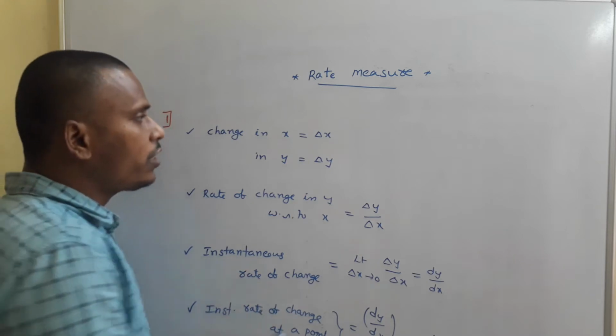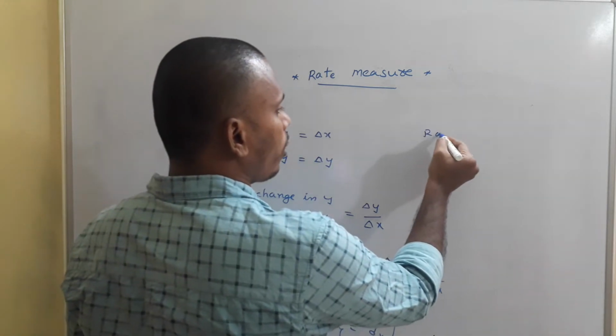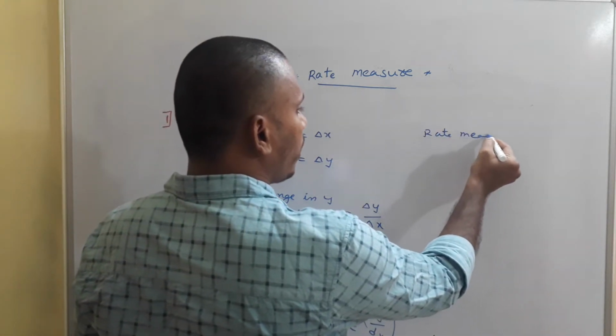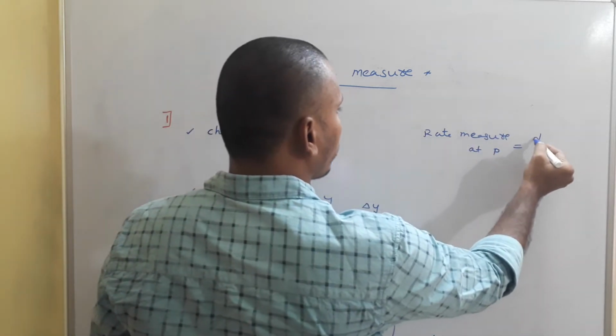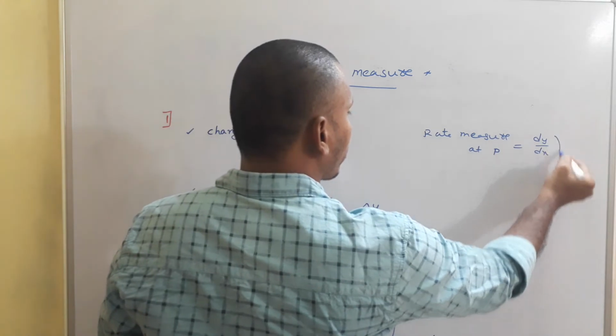So the rate measure at P is simply dy by dx at P.